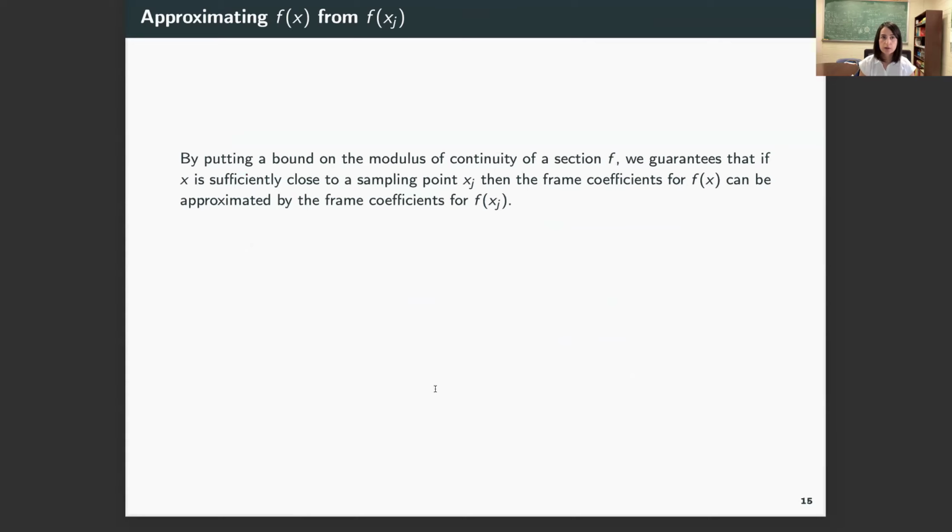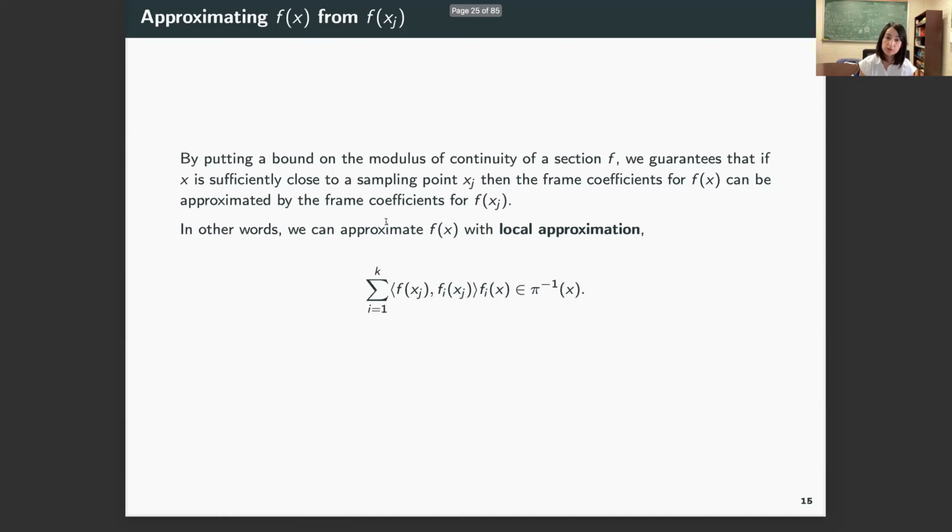So how are we going to do this approximation? First of all, by putting this bound on the modulus of continuity, we are guaranteeing that if x is sufficiently close to a sampling point x_j, then the frame coefficients for f of x can be approximated by the frame coefficients of f of x_j.